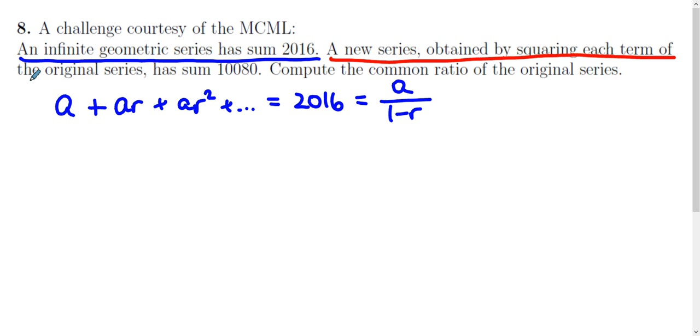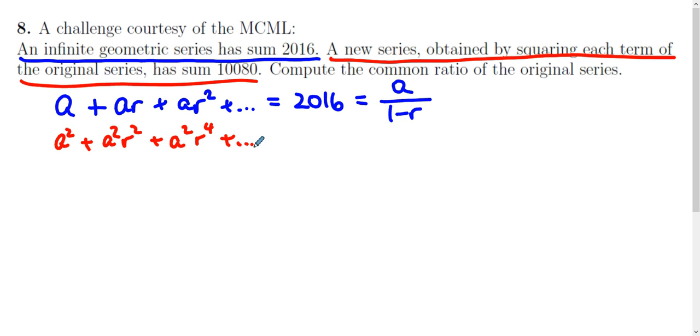Then we'll deal with the new series. The new series is obtained by squaring each term of the original series. So square that, square that, square that, and so on. That series has sum 10,080.